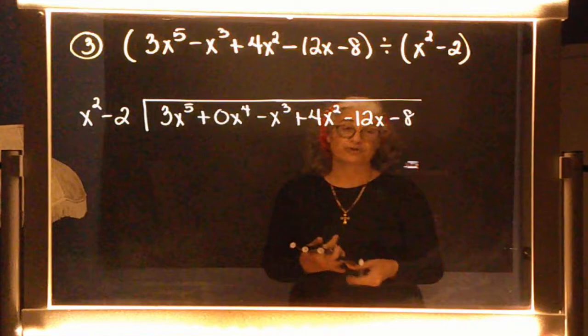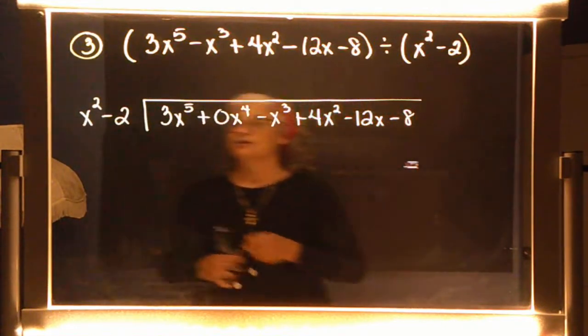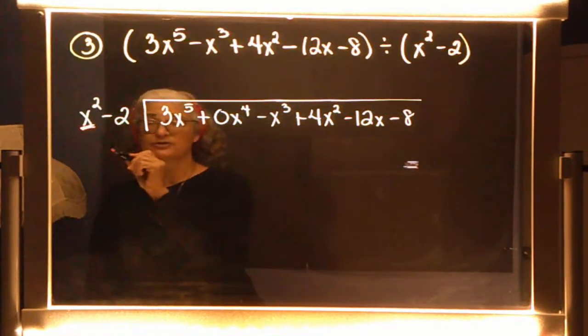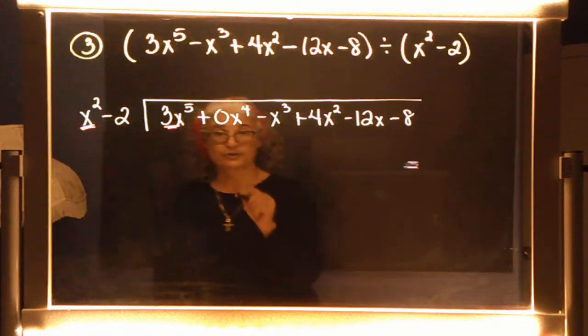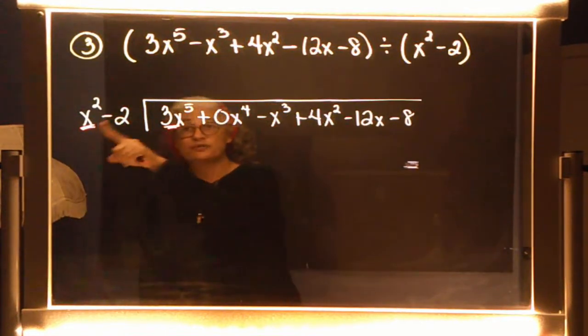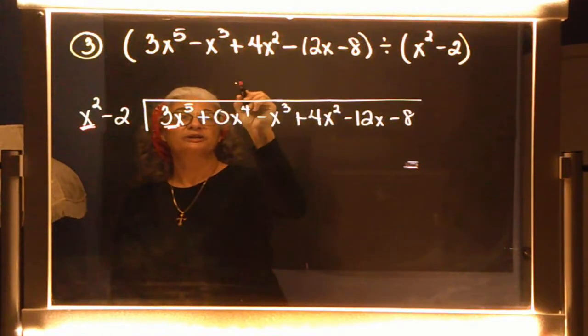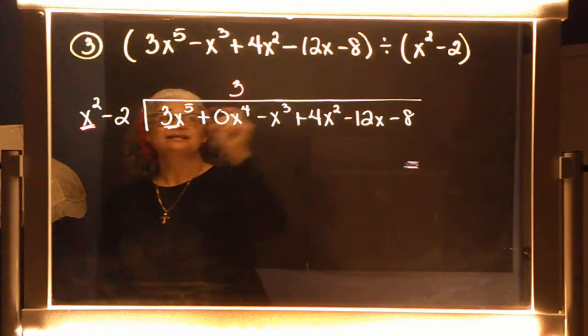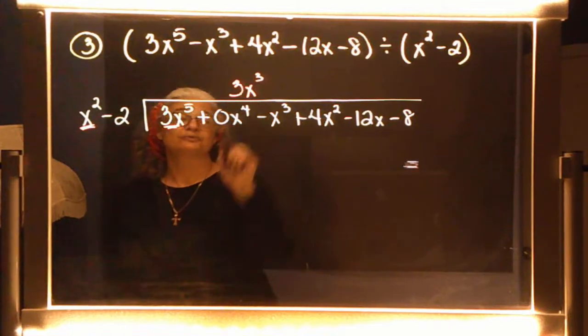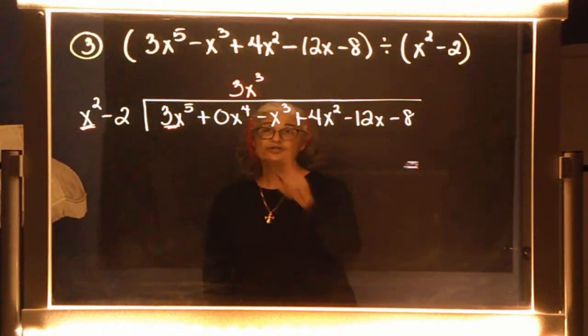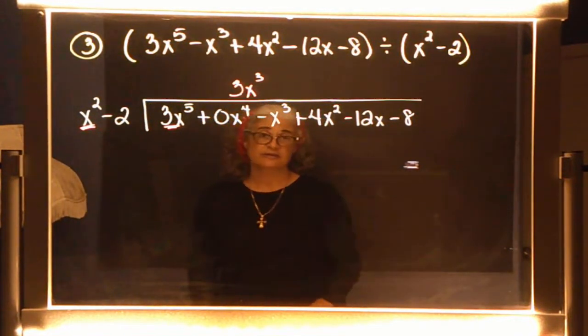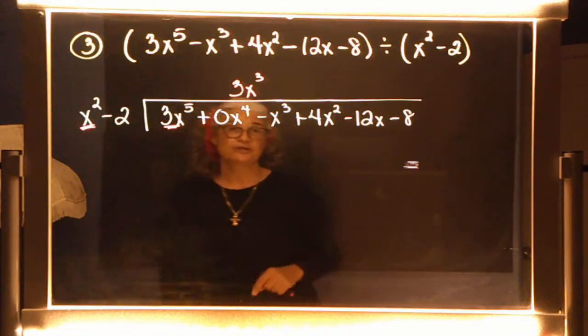Okay, so remember, just like we've been doing, we start with the first term, and the first term is supposed to wipe out the first term. So, what do we need to multiply this by? We need to multiply it by a 3 and an x cubed. And once you put this on top, what do you do next? You multiply by what's on the outside.